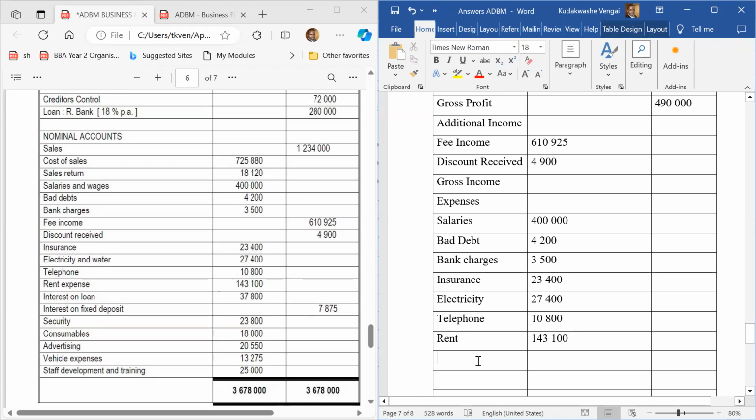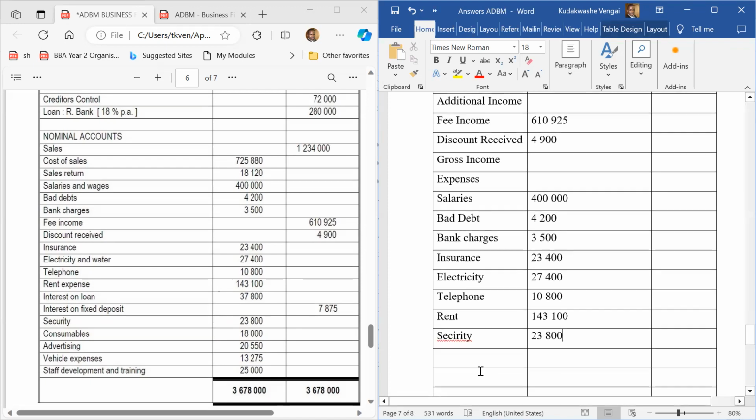I'll come back to it, don't worry. And then we have got security, which is 23,800. And then we've got consumables, which is 18,000. And then we've got adverts, which is 20,550.